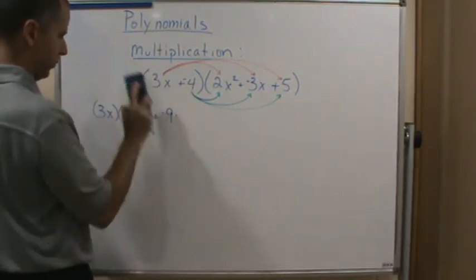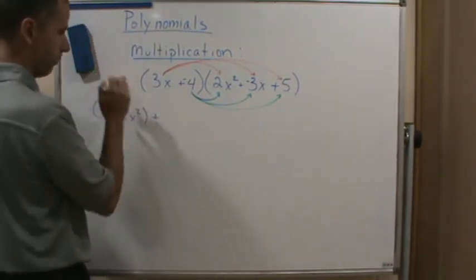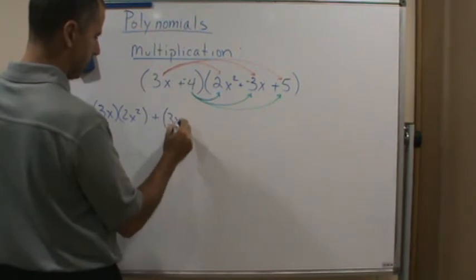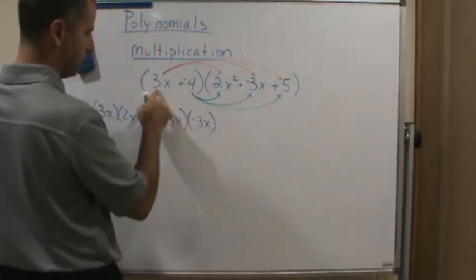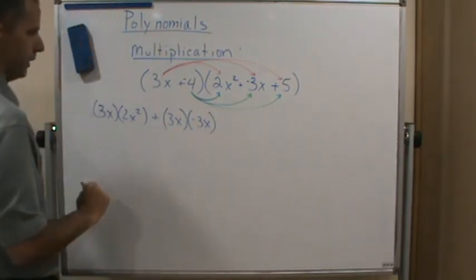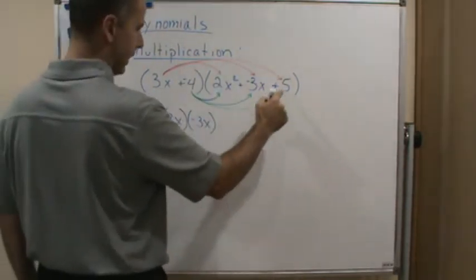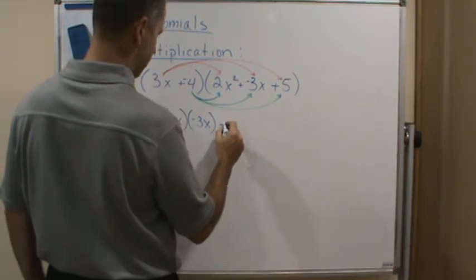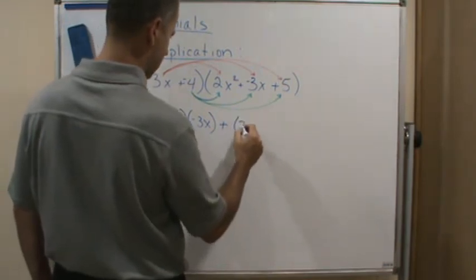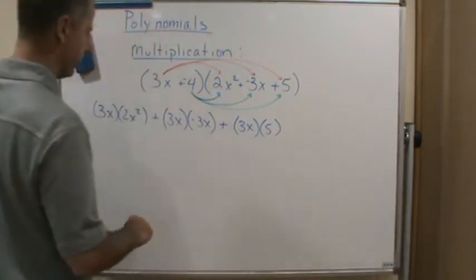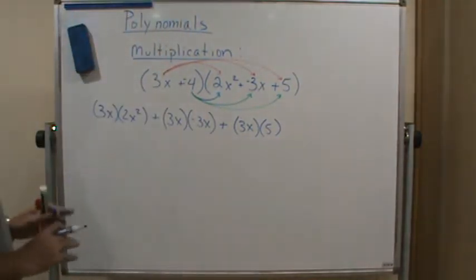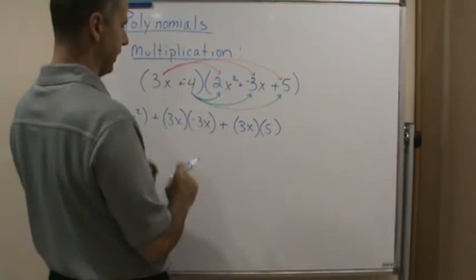So 3x times negative 3x. I'm just multiplying this and this. That's what's shown here. And then I'm going to take 3x times 5, so that's plus 3x times 5. Okay, so that's the first one. Now I'm done with this, so I'm going to go to the negative 4.